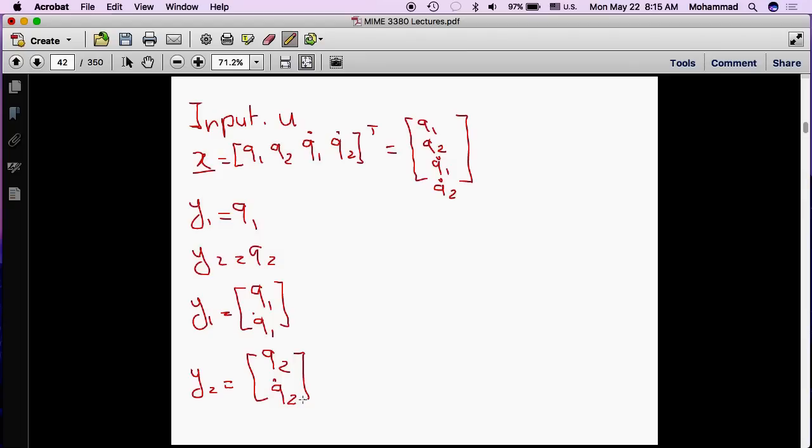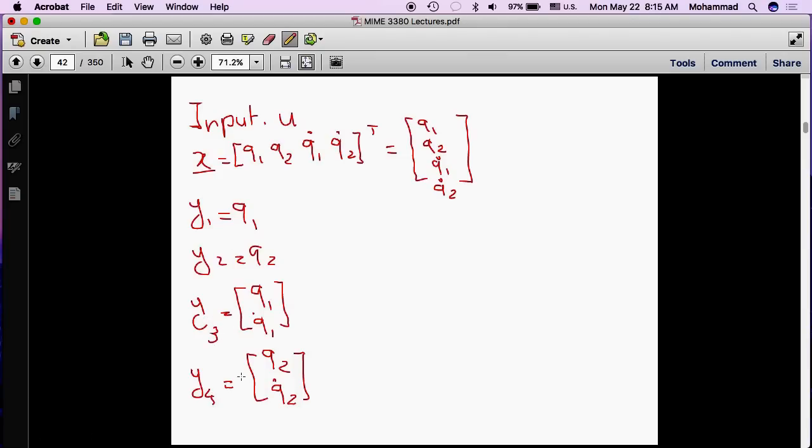Do you see how various choices will give you various outputs? Or you can say, I forgot to name these sequentially. Sorry about that. So this is y3.